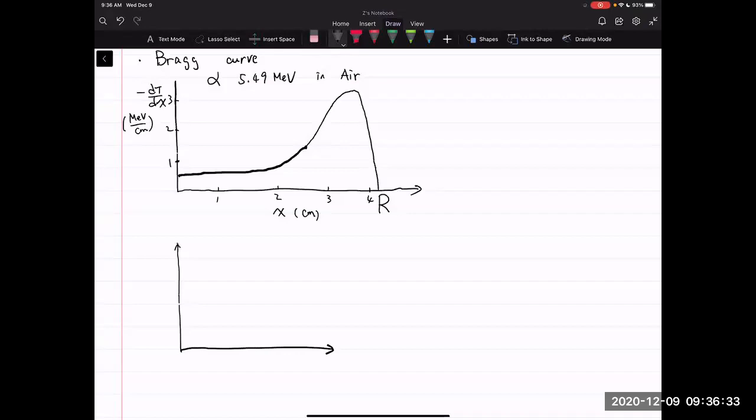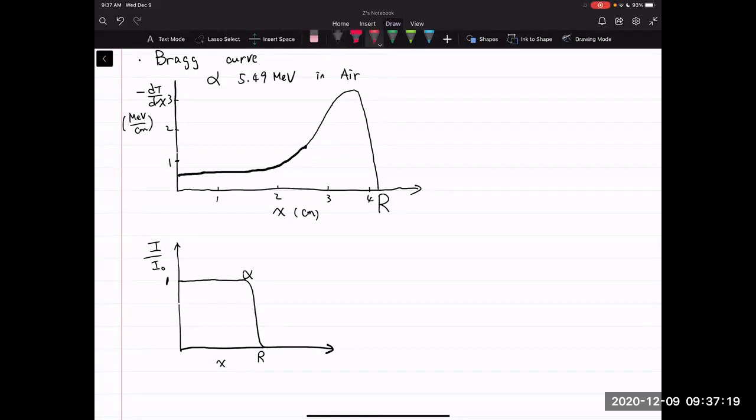If you plot the intensity, let's say normalized by the initial intensity, as a function of depth x, then initially we'll see the particles do not get removed from the beam until the charged particle reaches this range R. Then all of a sudden the intensity drops to 0. Okay, this is for alpha particle right here.